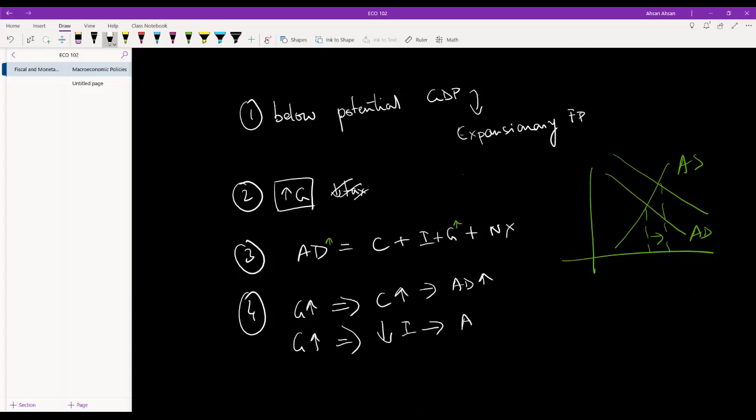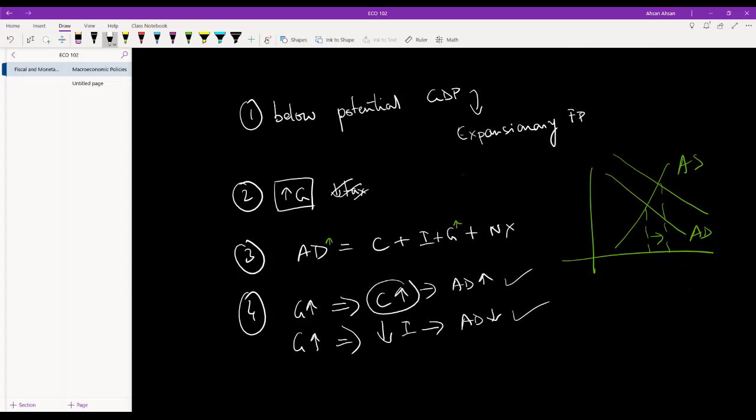This is going to cause AD to fall. You see, so these two forces are pulling the AD curve in different directions. This wants to move it further right. This wants to move it to the left. And at the end of the day, what matters is which of these effects is larger.